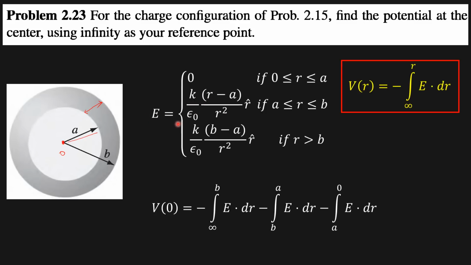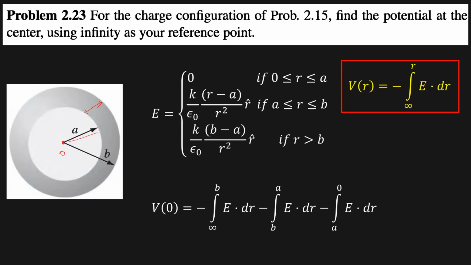So E is equal to k over epsilon naught times (r minus a) over r squared, r hat, if r is between a and b, that is, between the inner shell and the outer shell.